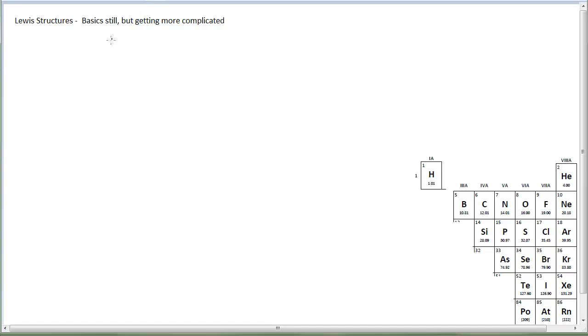So far we've been talking about drawing Lewis structures of molecules with more than one atom, for example CH4, by picturing the atoms with their valence electrons and then bringing the atoms together to share the valence electrons. So for example, carbon is in group 4A, has 4 valence electrons.